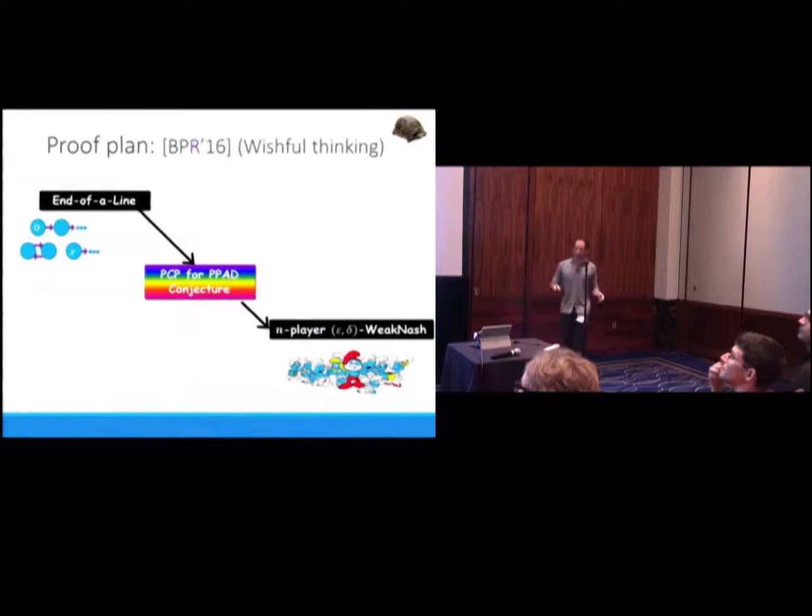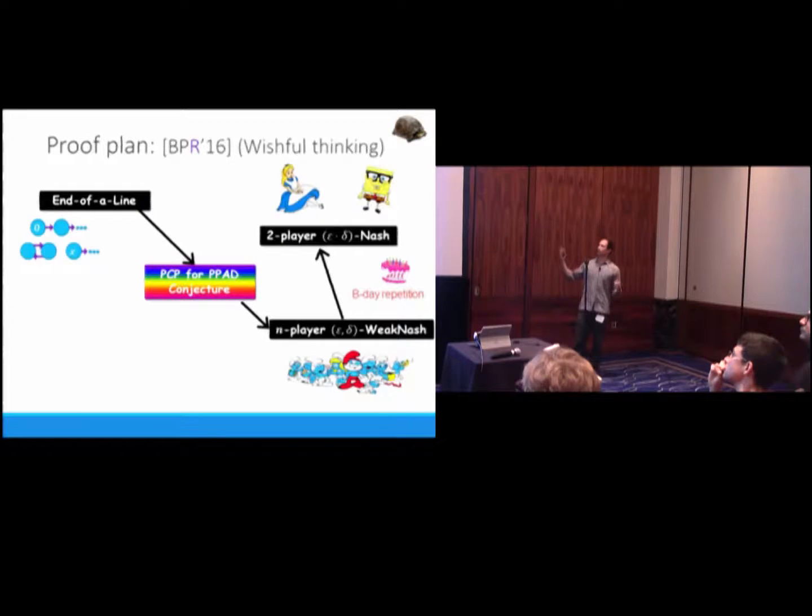Okay, so in last ITCS, we assumed this PCP conjecture for PPAD, and that gave us hardness of this epsilon-delta weak Nash for n players. And now only a delta fraction of the players are epsilon deviating, so we can use this technique, birthday repetition, which I didn't tell you much about, but we can use it to get epsilon times delta hardness for 2-player Nash, which would be awesome, except we don't know how to prove this PCP for PPAD.